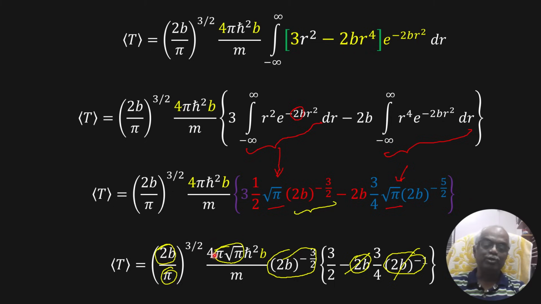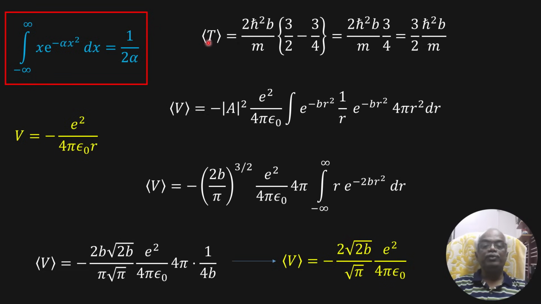So we will get only here 4p over m times 3 divided by 2 minus 3 divided by 4. Now we will simplify this. Now we got that the expectation value of the kinetic energy is 2 h cross squared p over m multiplied by 3 minus 3 over 2 minus 3 over 4.